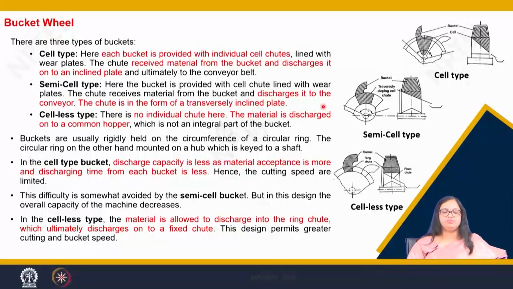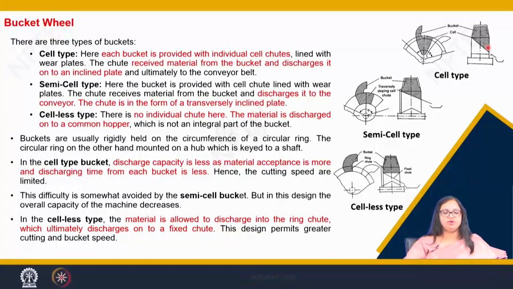That is the problem with the cell type of buckets, where the individual cells, or the buckets, are given with individual tubes, so the bucket gets completely filled. However, when they have to rotate, make a turn, they cannot completely discharge.